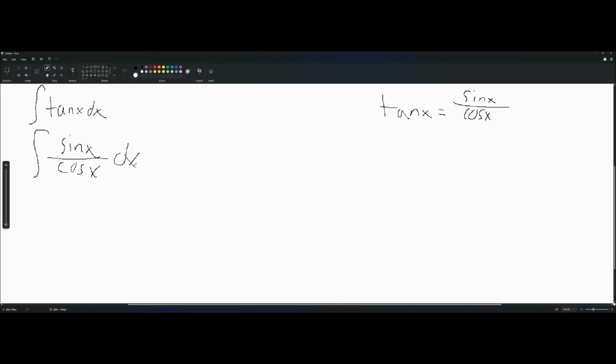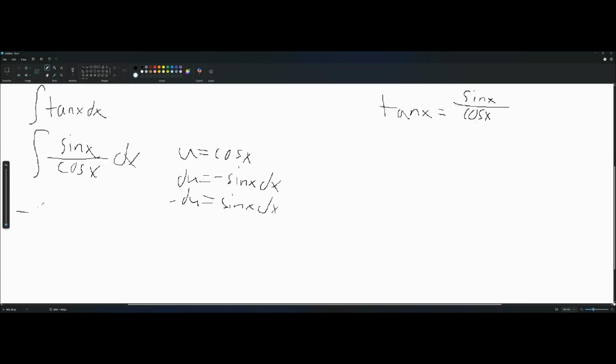dx. And so what we can do now is set this cosine of x equal to u, right? And then we can say that du is equal to negative sine of x dx. Bring that negative to the other side, and we get that negative du is equal to sine of x dx.